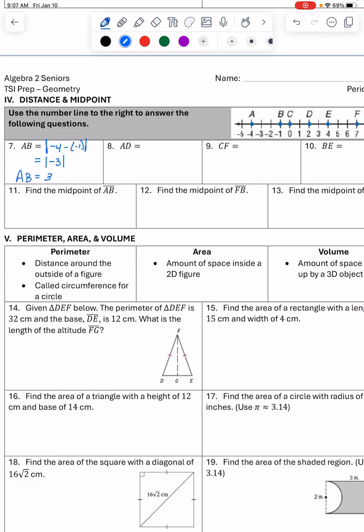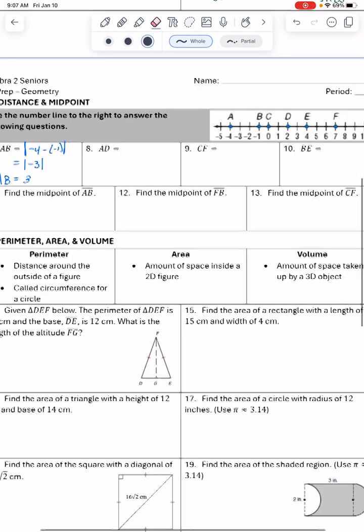Okay. Now, if it's on a number line, you could physically just count. Let's try that again. So from A, we're going 1, 2, 3 to get to B, right? So you could physically just count those. Okay. Now, like I said, the actual mathematical way you would do it is you'd subtract the two endpoints and take the absolute value of it.